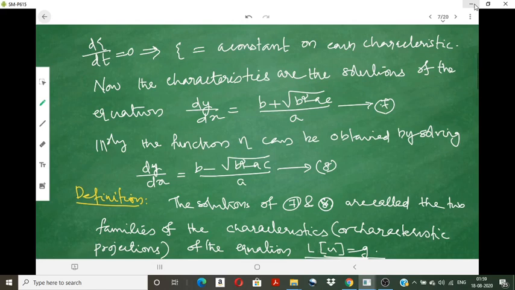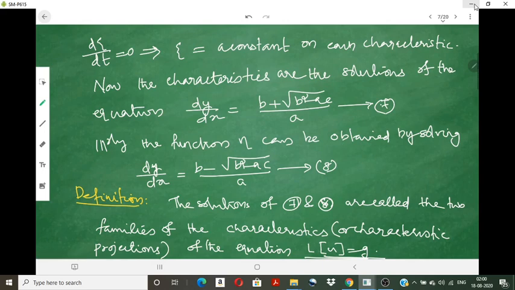These equations of the characteristics 7 and 8 are called the families of the characteristics of the equation LU equal to G. From this it is clear that such a transformation exists, because by solving equations 7 and 8 we will get two independent solutions.